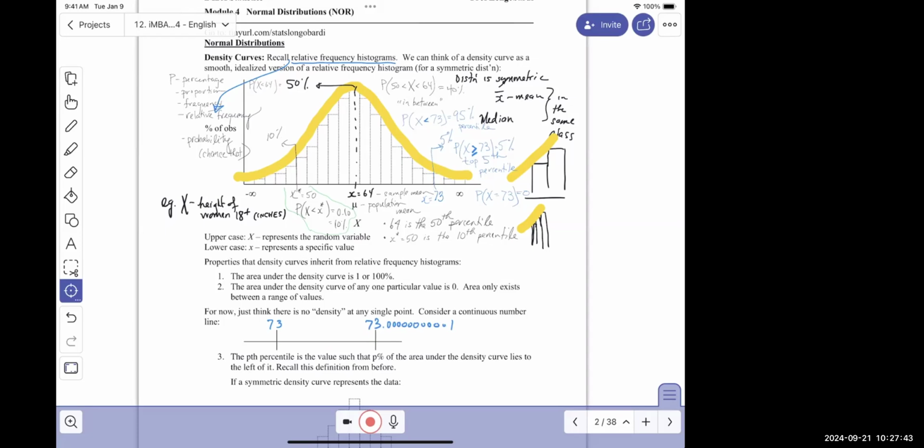That's the interpretation I have in my mind. But really, there's no density. We do not interpret this graph at one value. You have to take a range of values. So even if you did 73 to 73.05, you'd have area there, but not at 73.